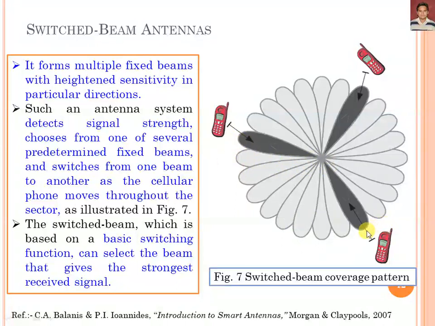In that case, if the mobile user moves from location 1 to location 2, then the mobile switches to another beam as it moves from one location to the other. In these switched beam antennas, we are using a simple switching function, and the beam that gives the strongest signal is selected as the mobile moves.